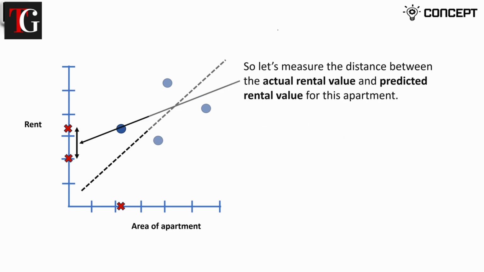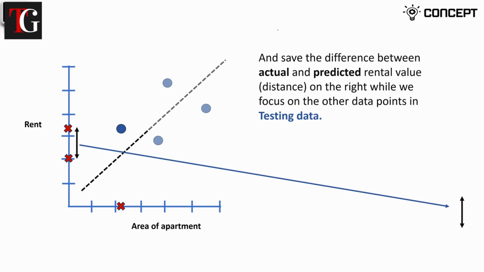So let's measure the distance between the actual rental value and the predicted rental value for this particular apartment, and save the distance on the right while we focus on the other data points in the testing data.